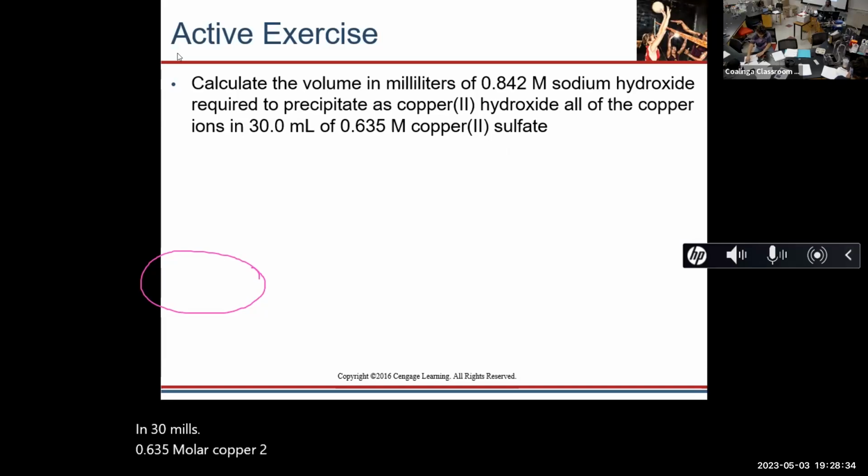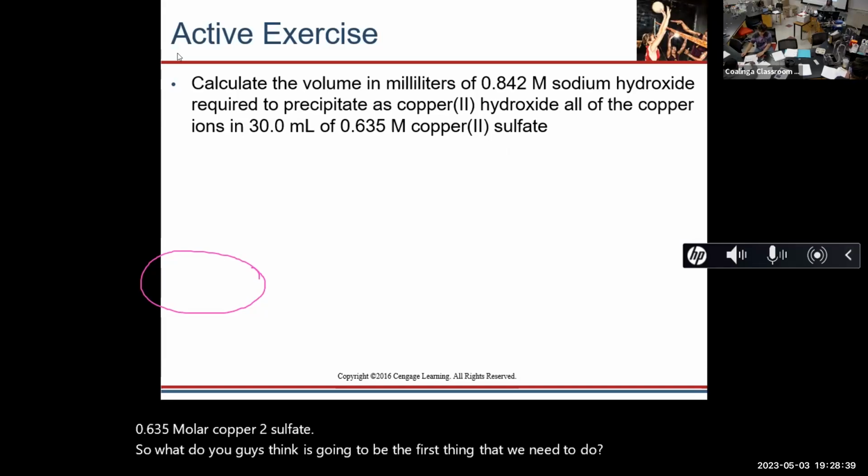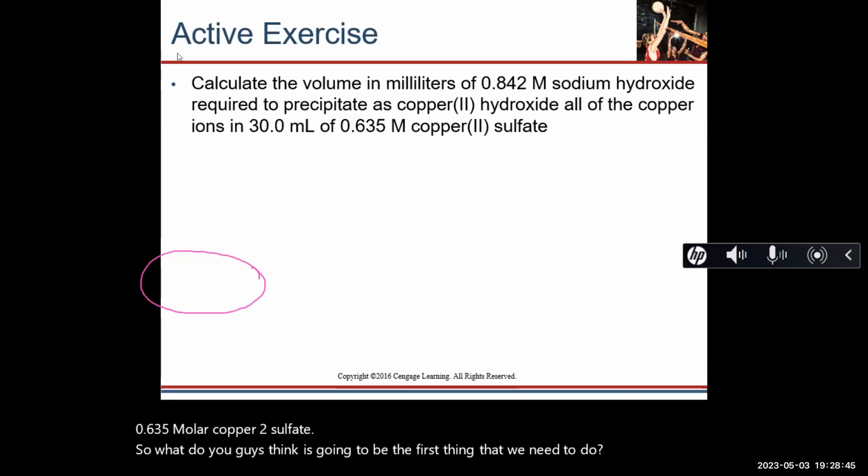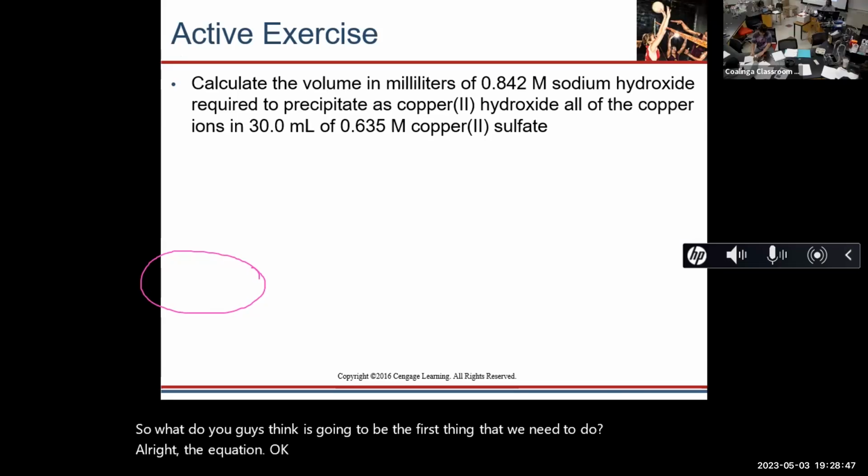What do you guys think is going to be the first thing that we need to do? I'll write the equation. Okay, so we're going to write the equation. What are my reactants?